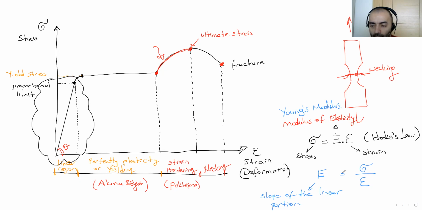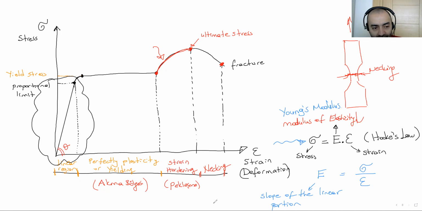Okay, so this linear region, in this area, Hooke's law works, in the linear part. There is a linear relationship. This equation shows us linear relationship. Sigma equals E times epsilon. E is the modulus of elasticity.